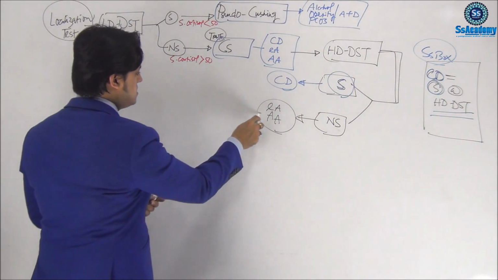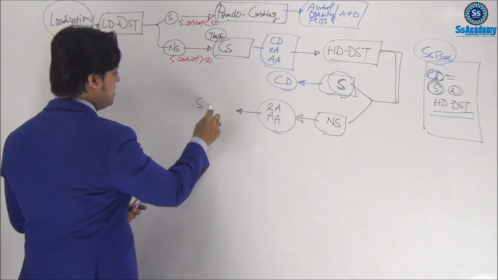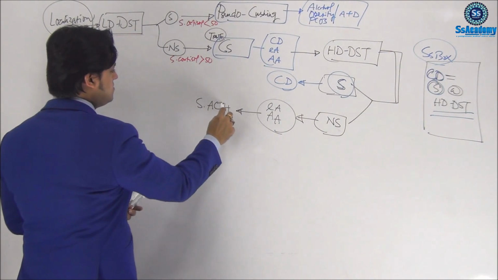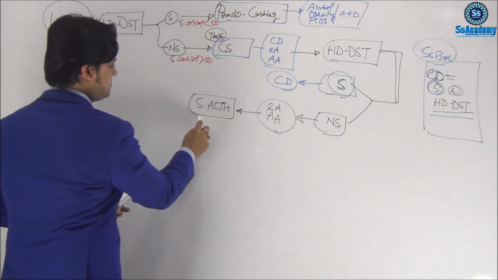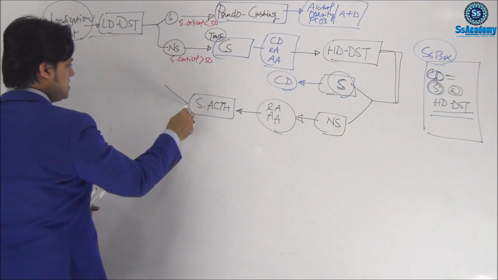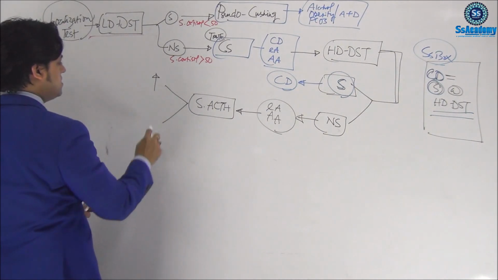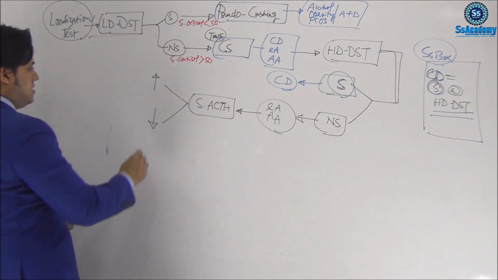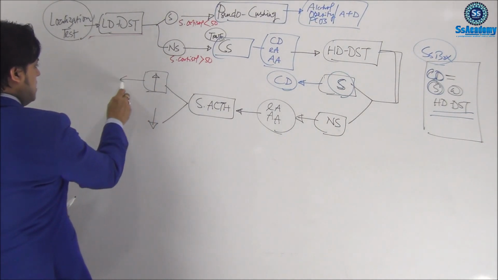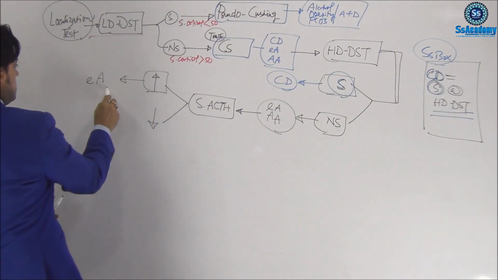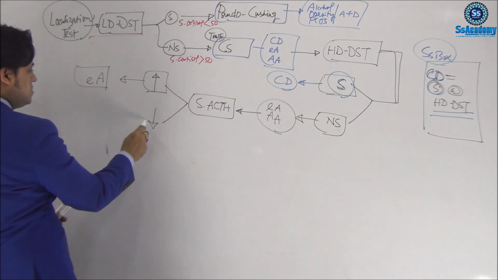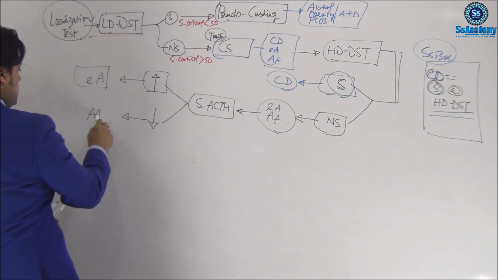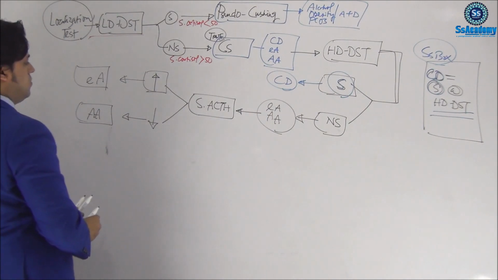The next test will be serum ACTH level. Serum ACTH can be increased or can be reduced. Increased means ectopic ACTH, and reduced means, of course, adrenal adenoma. What does it mean really?